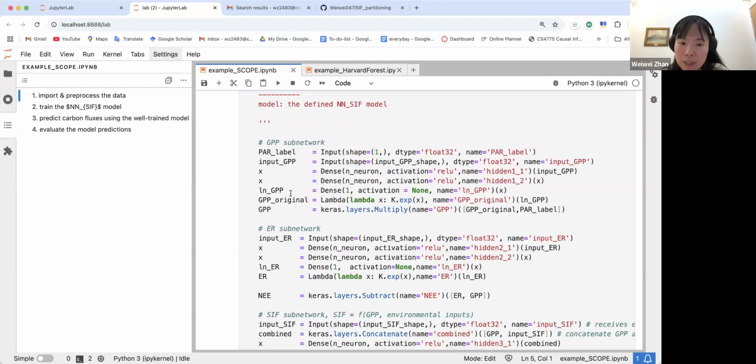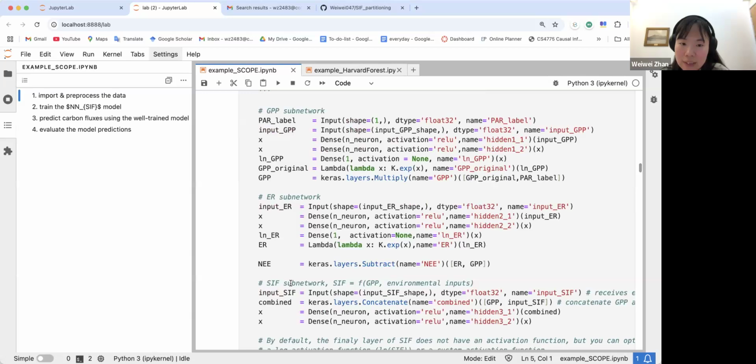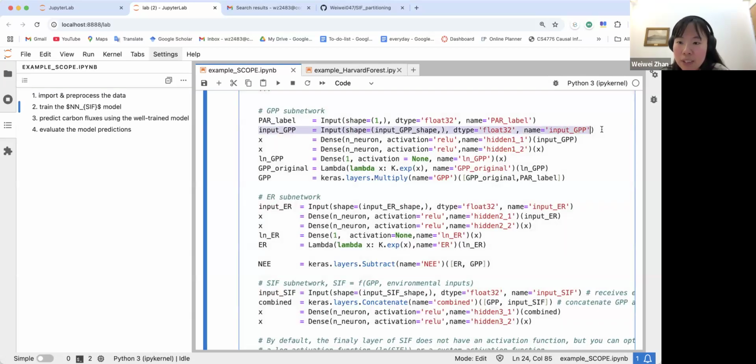The first one is GPP, and then respiration and SIF. And for GPP, we first define an input layer that receives climate and biotic factors, and then we define 2 hidden layers, and then we first predict the log value, and then take the exponential value to make sure GPP is not negative.